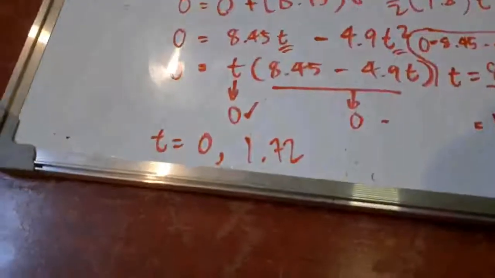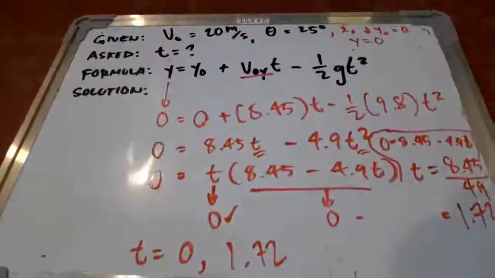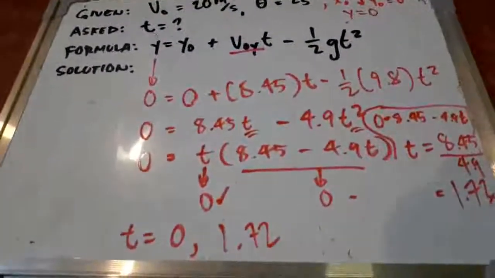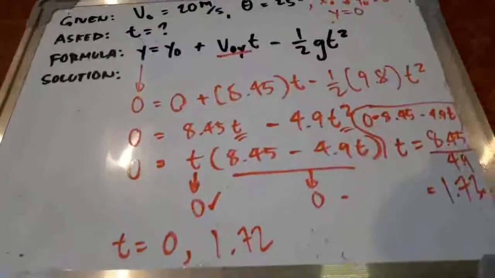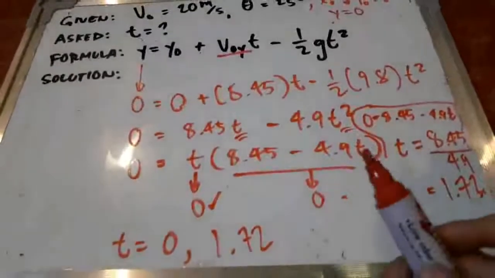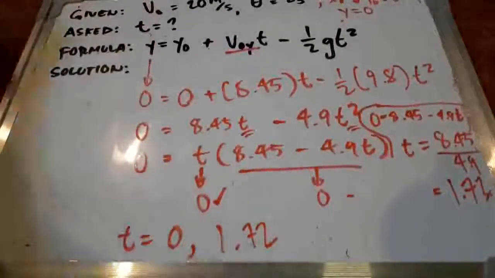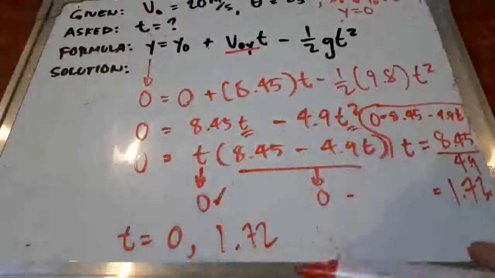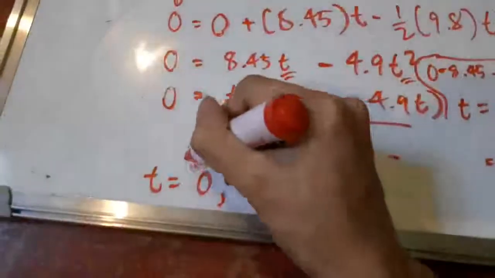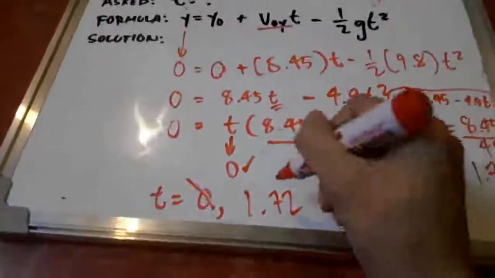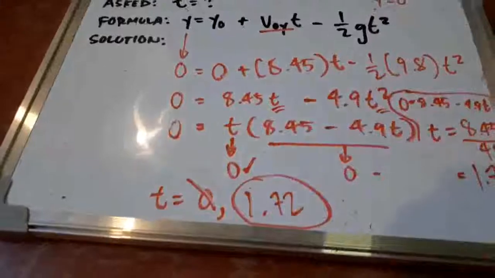Now we have to pick between these two values, so just use your common sense. Is the total flight time of the object going to be 0 seconds? If you throw an object, is it going to fly for absolutely 0 seconds? No! So 0 is an extraneous solution, and our answer should be 1.72.